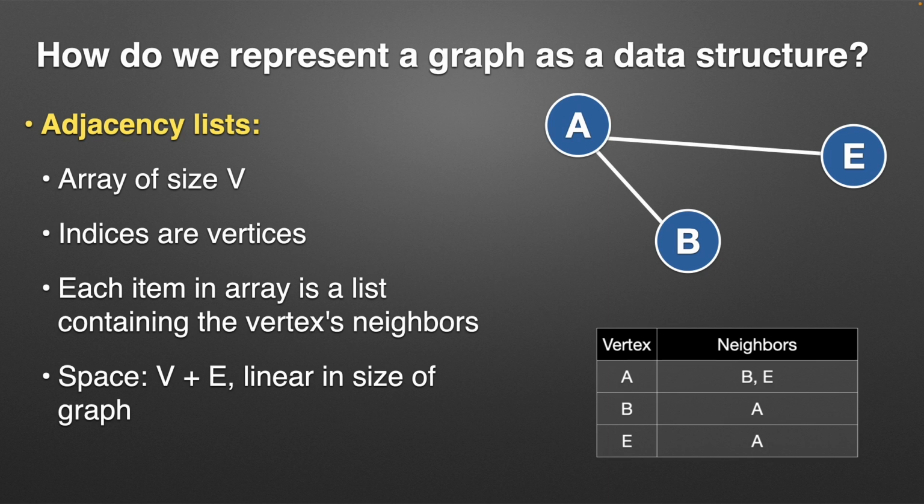And for each vertex in our graph, there would be a list of its neighbors. In this case, we're just labeling them with letters. So for vertex A, it just has a list that it's connected to B and E.